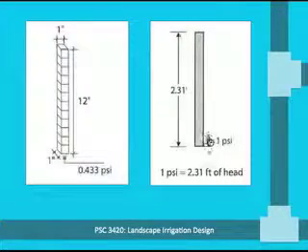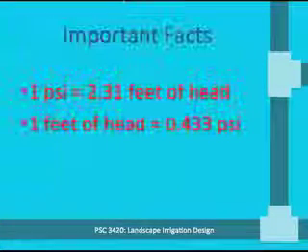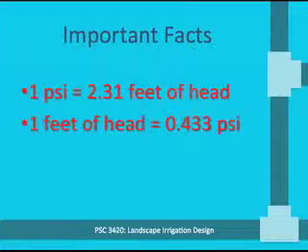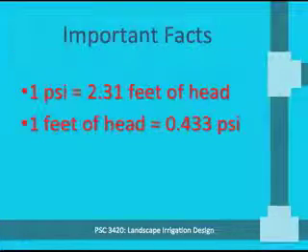If you had a pressure gauge at the base of this column and it were reading 1 psi, the height of water to give you that pressure at the base is 2.31 feet. That's another constant that we're going to use quite a bit in the class. So these are the really important facts I want you to remember at this point. 1 psi is equal to 2.31 feet of head. We just went over that. And also that 1 foot of head is equal to 0.433 psi.